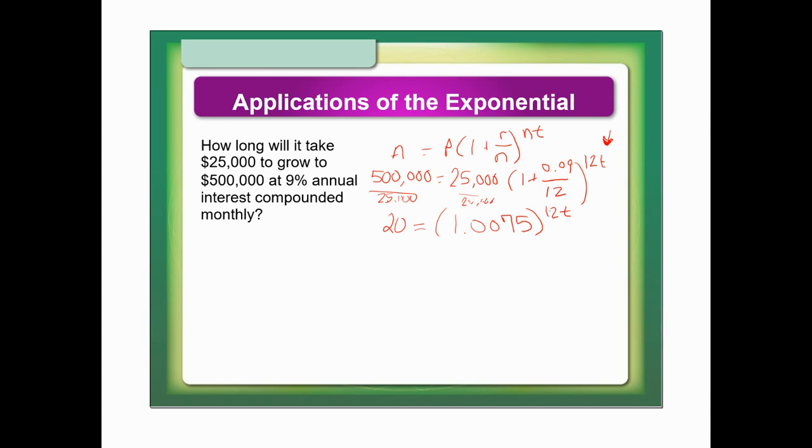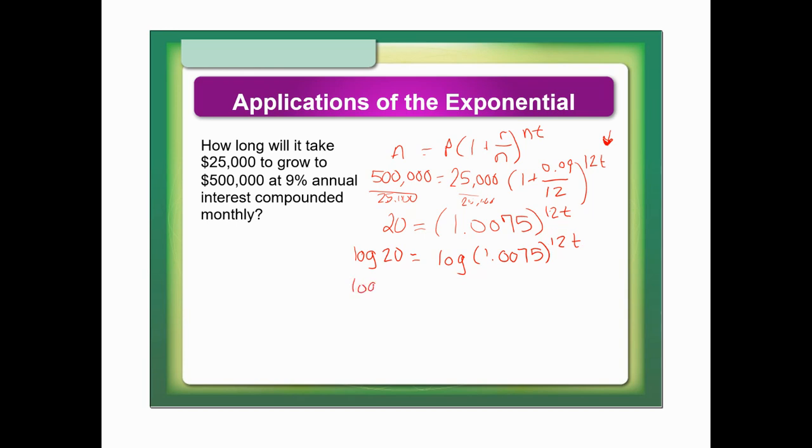Now at this point is where we're going to bring in our common log, or you could use natural log, it's up to you. But I have log of 20 equals log of 1.0075 to the 12t power. This I can now use my power property.